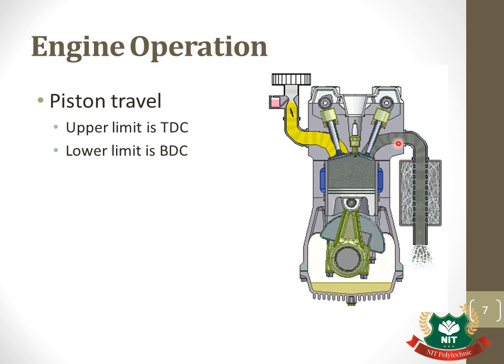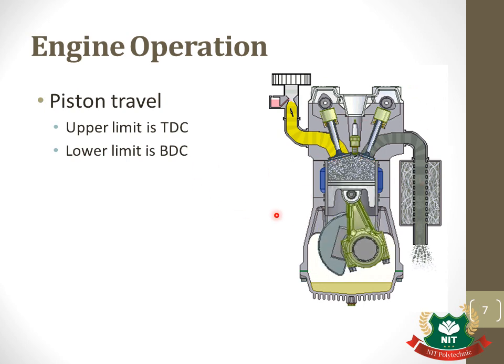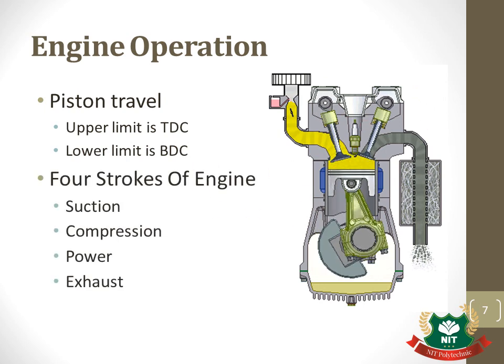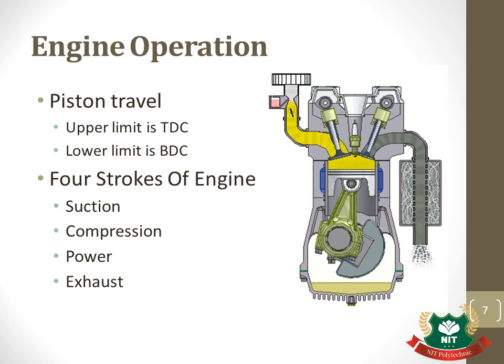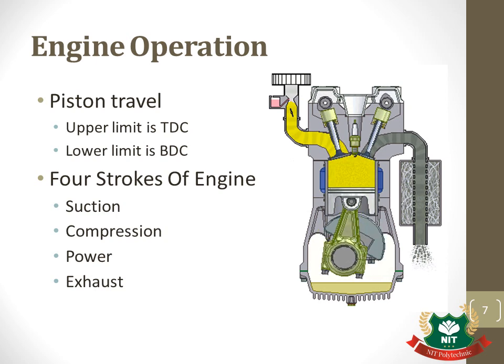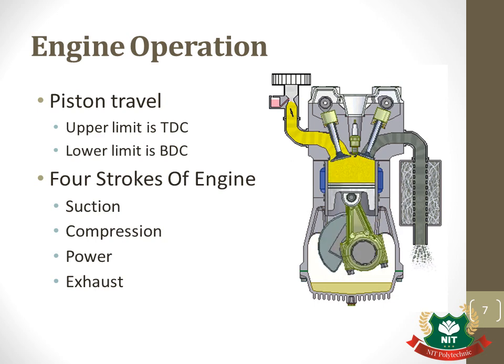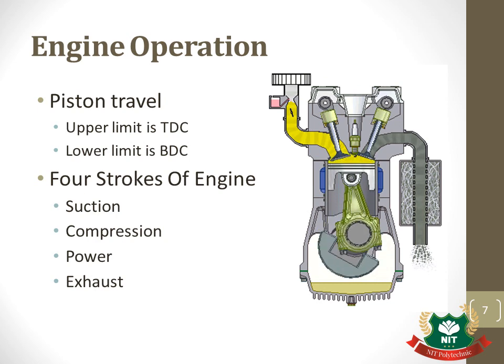So this one is known as the exhaust valve. There are basically four strokes in an IC engine, and they are as follows. First of all, a suction stroke takes place, and then compression. Then after that, power, and then it is followed by exhaust. In a few slides, we are going to learn about it in detail.